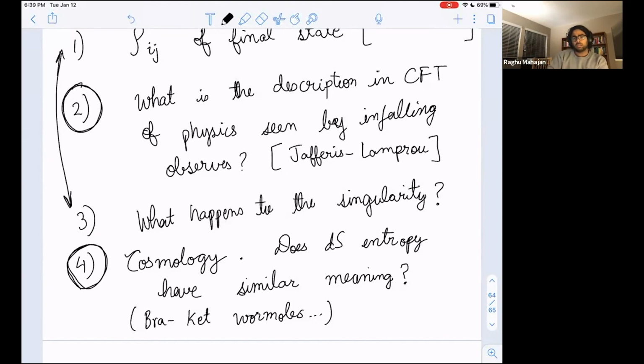I think Ahmed Almheiri, in his lectures at ICTP, discussed this AHMST paper, trying to get some more of this dynamics of the Schwarzian and so on. I never even mentioned the Schwarzian, so I couldn't get into those details. But you can watch those lectures if you want to learn about that paper.